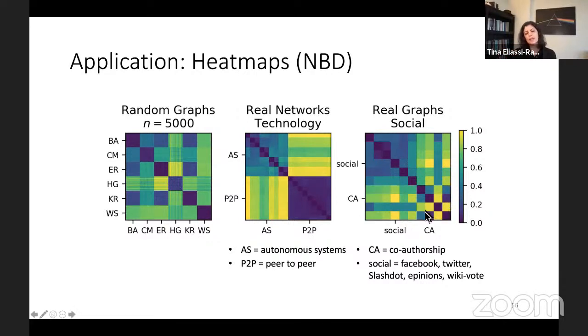Peer-to-peer networks are really close to each other, 0 here being the distance. So the dark navy is 0, so the diagonals are navy. Autonomous systems are not as close to each other as peer-to-peer networks. And then again, we see in terms of the different random graph models their distances to other random graph models.